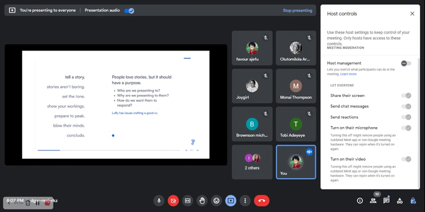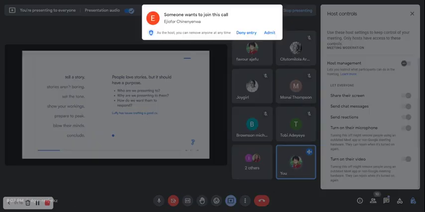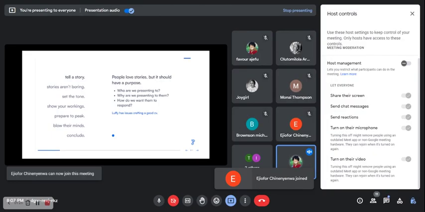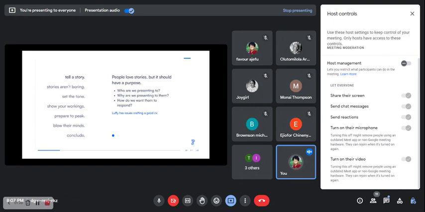So it is important when we are trying to present our work for us to tell a story. I mean, people love stories, everyone loves stories, but it depends on who's listening to that story, why you are telling the story to them, and how you want them to respond after telling them the story.